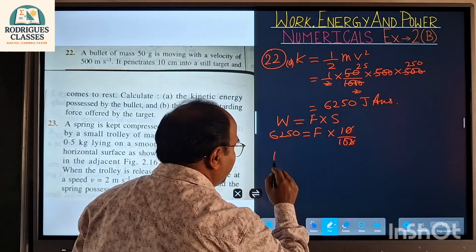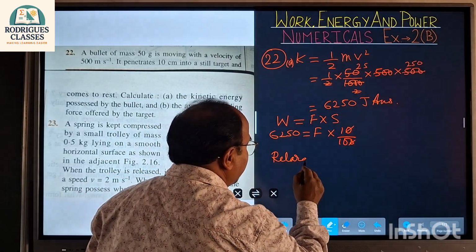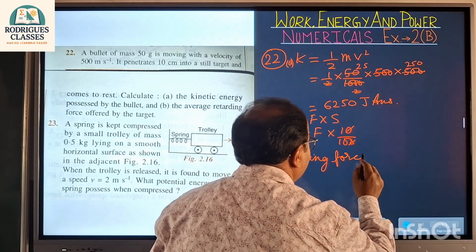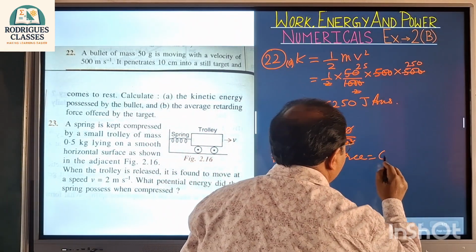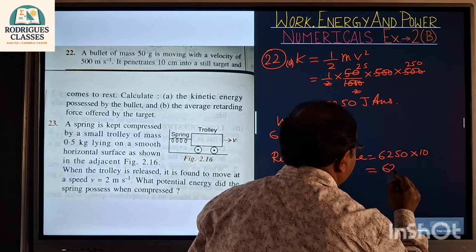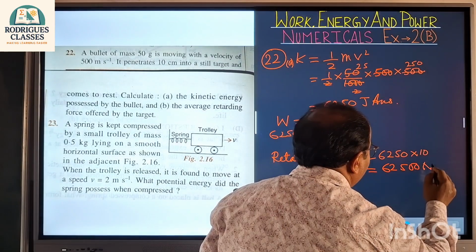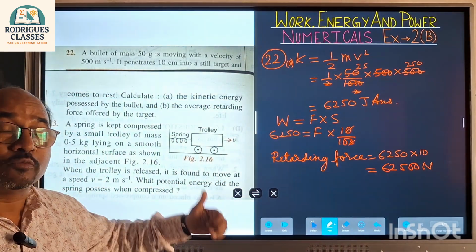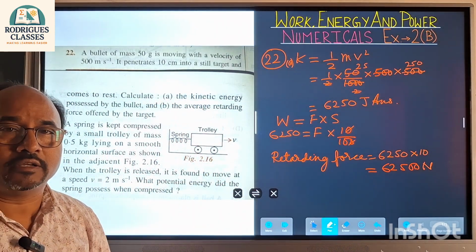This is the retarding force. So I am writing here currently retarding force. So that will be 6250 into 10. So you get 62500 Newton. So this much retarding force has to be applied. I hope you have understood this type of numerical.